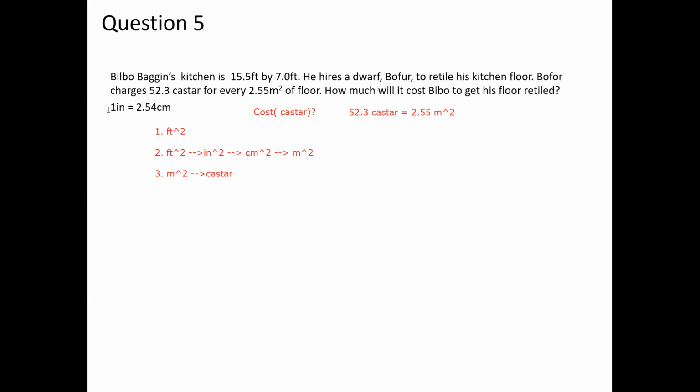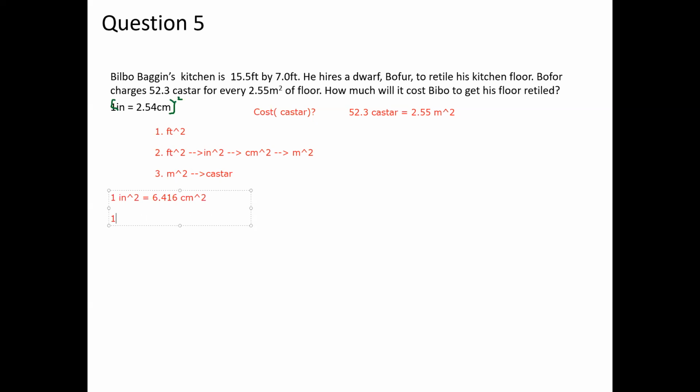Now, before we begin, 1 inch is 2.54 centimeters. These are not squared units. So we need to square those units. And when we do that, we get 1 inch squared is 6.416 centimeters squared. We also, since we want to go from feet squared to inches squared, have to find how many inches squared are in a foot squared.